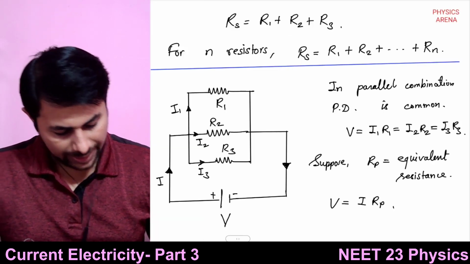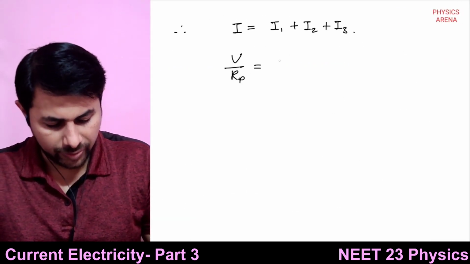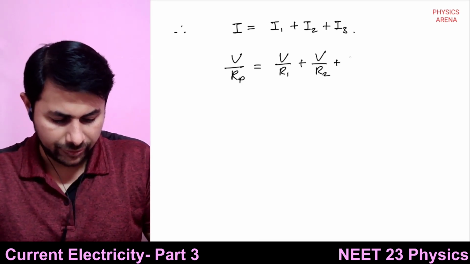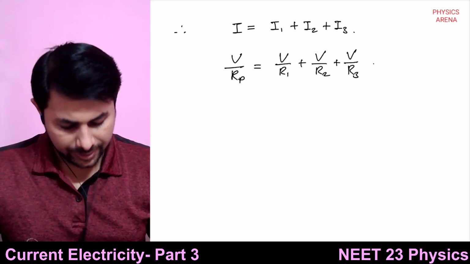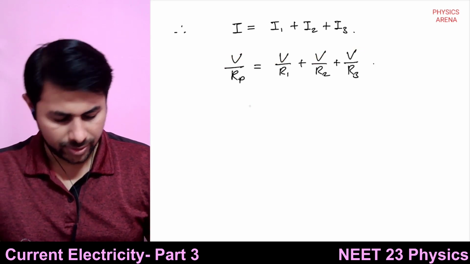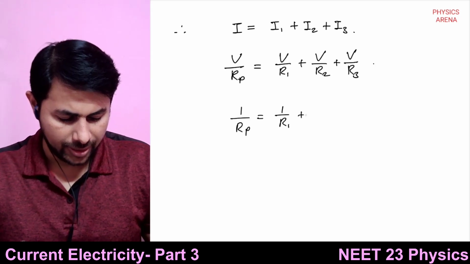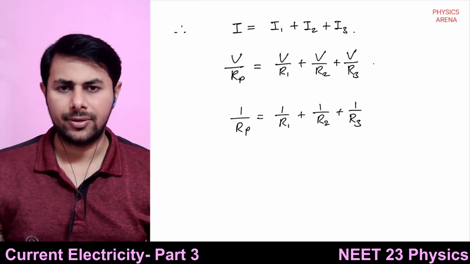So this can be written as V upon Rp is equal to V upon R1 plus V upon R2 plus V divided by R3, right? So then you can cancel out V. So you get 1 upon Rp is equal to 1 upon R1 plus 1 upon R2 plus 1 upon R3.